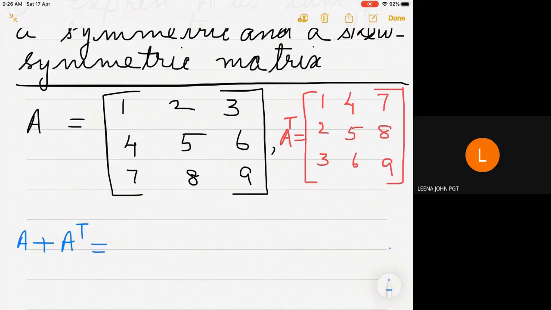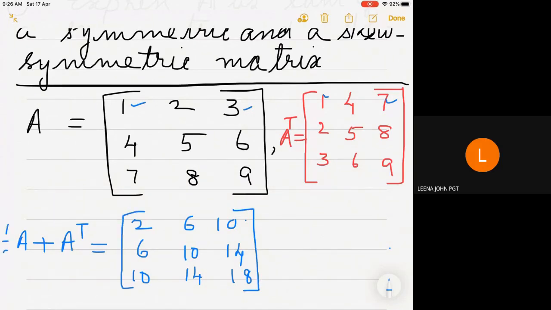So we get 1 plus 1, that is 2, 2 plus 4, that is 6, 3 plus 7, that is 10, 4 plus 2, 6, 5 plus 5, 10, 6 plus 8, 14, then 7 plus 3, 10, 8 plus 6, 14, 9 plus 9, 18.